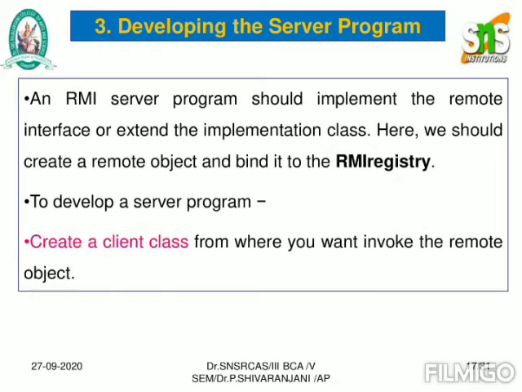And the third step is you have to develop the server program. An RMI server program should implement the remote interface or extend the implementation class. Here we should create a remote object and bind it to the RMI registry. To develop a server program, first you have to create a client class from where you want to invoke your remote objects.